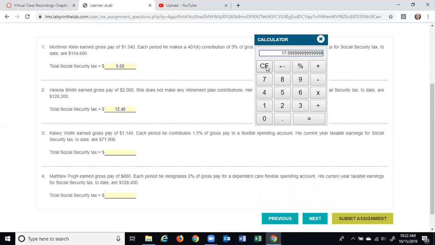Let's clear that out. 1140 minus $17.10 is equal to $1,122.90, the taxable amount. Times 0.062, which is the Social Security rate, and that's $69.62.